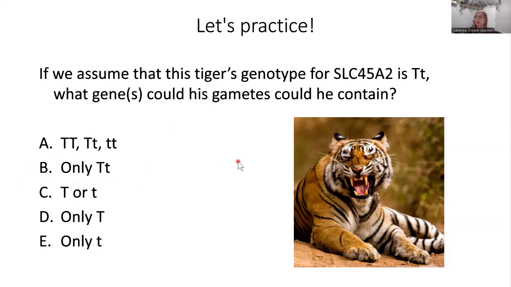If we assume that this tiger's genotype is heterozygous, what genes could his gametes contain? Each gamete is going to get 1 of the alleles, so he could produce gametes with a capital T or a lowercase t.